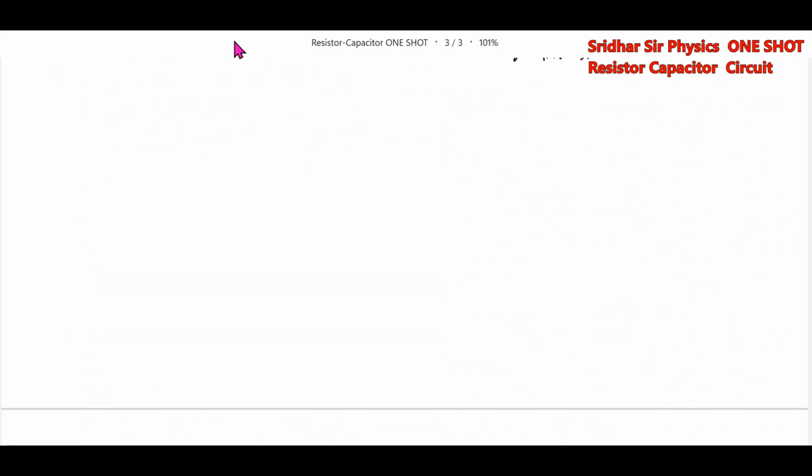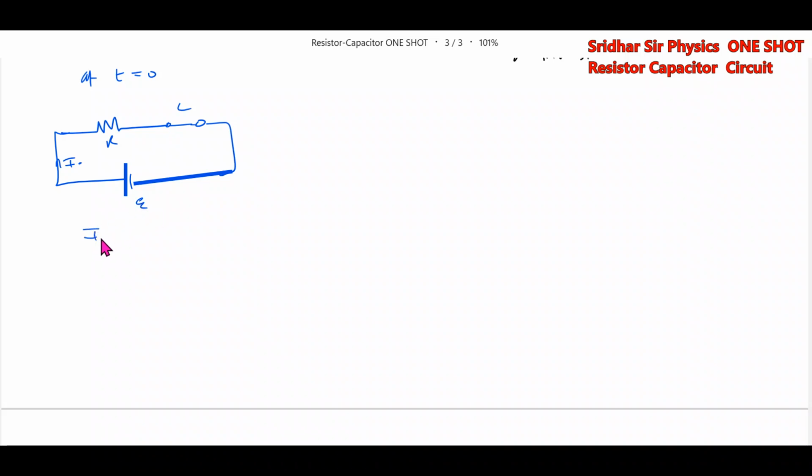Now at t equals 0, the capacitor will behave like a short circuit. Now, there's one small important idea. Then the initial current I naught will flow. What is I naught equal to? I naught equals E by R according to the equation we had.